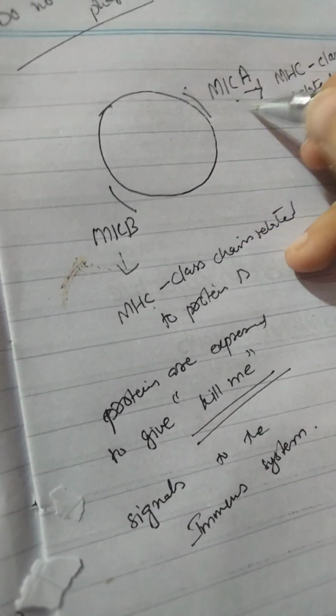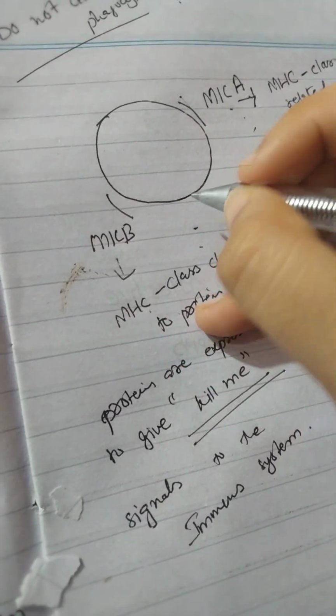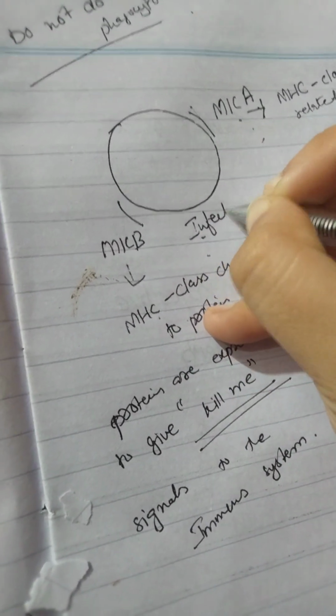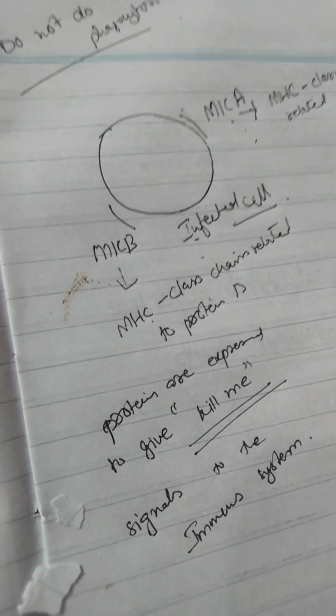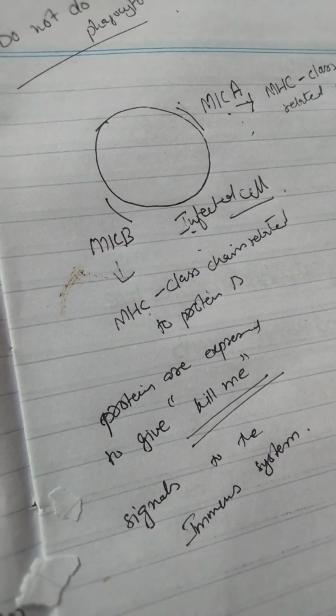When these both proteins are expressed on an infected cell, it means they are giving signals to the immune system: please kill me.